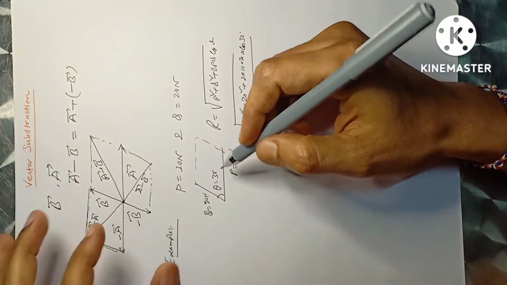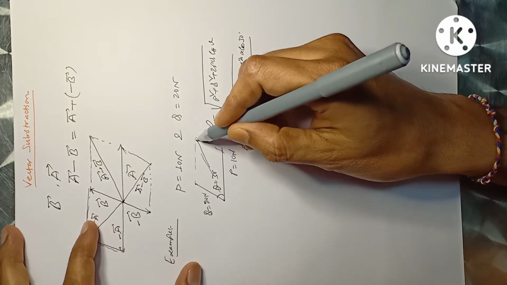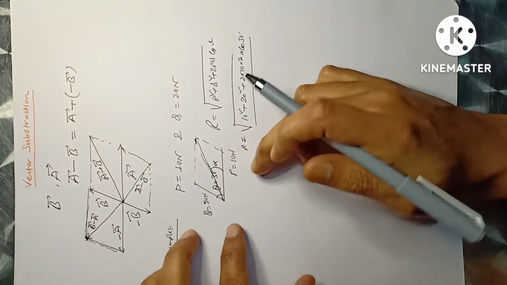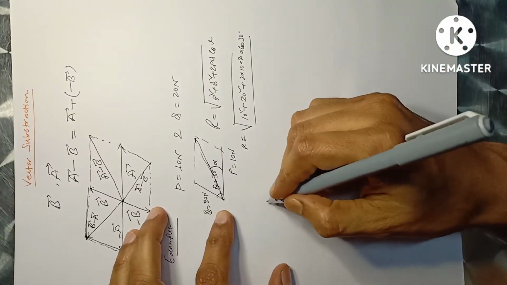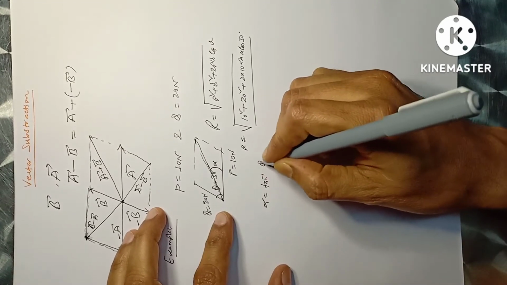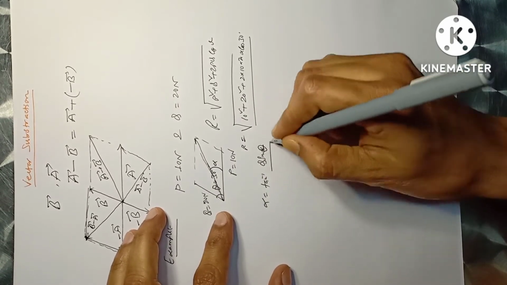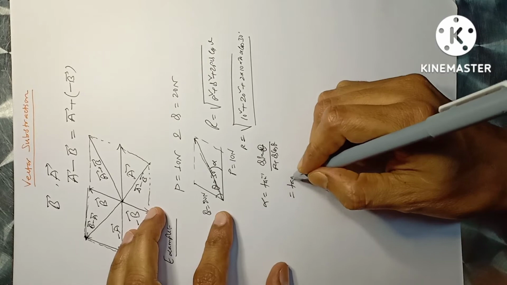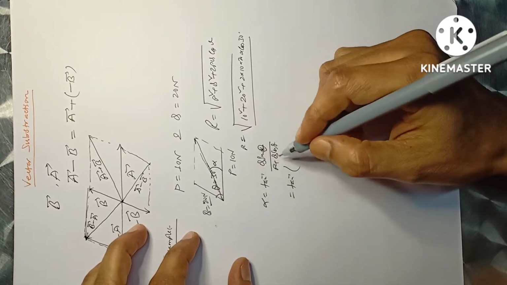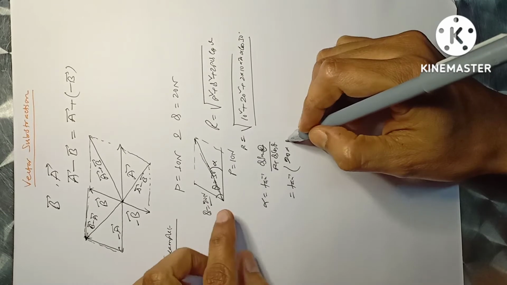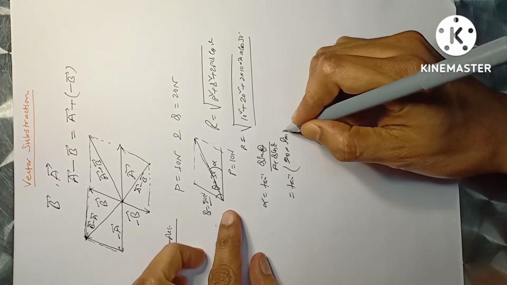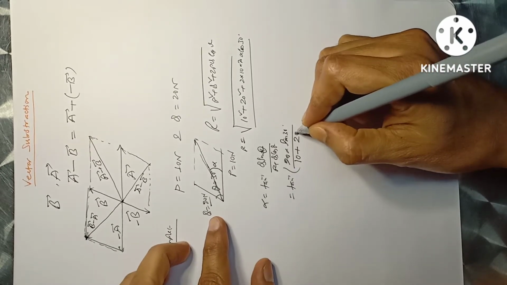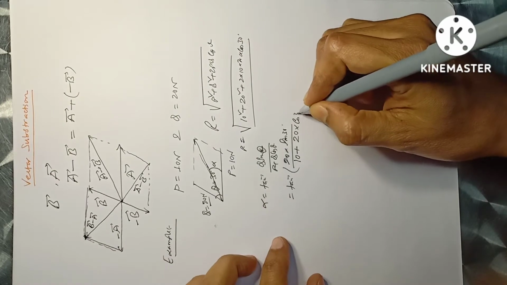To find the angle at which direction R acts, let us consider the direction makes an angle alpha with P. Then we get the formula alpha equals tan inverse of Q sin theta divided by P plus Q cos theta. Q means 20 Newton, so 20 into sin 30 degrees divided by P 10 plus Q 20 into cos 30 degrees.